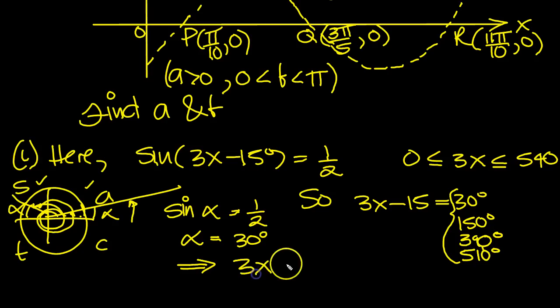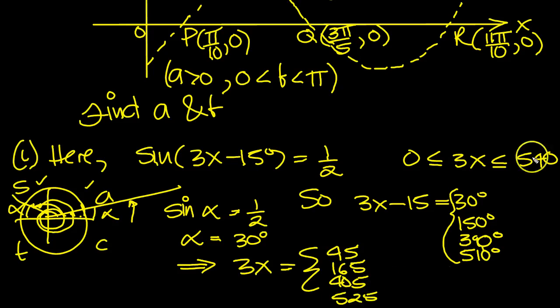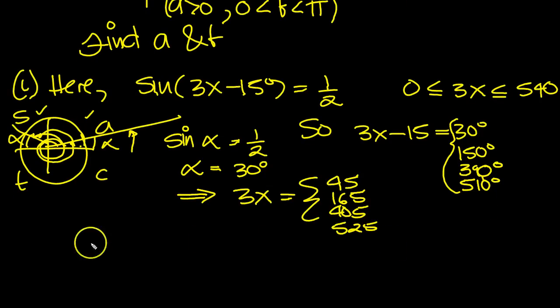So let's add 15 to all of these. 3x equals 45, 165, 405, and 525. And then we can write down what x is. Now divide by 3 and hope they're all in the range. 15, here 55.